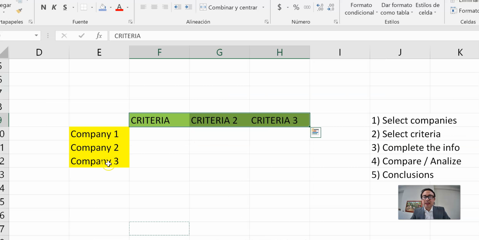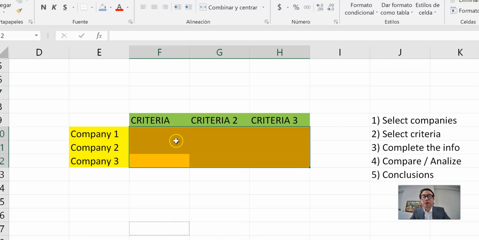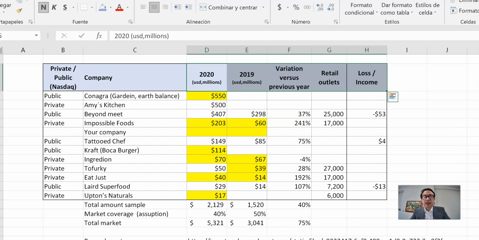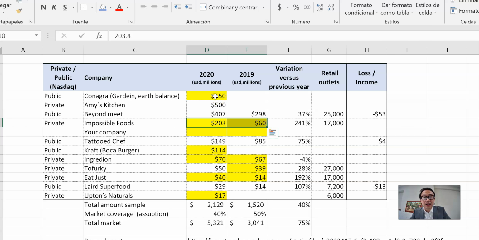After selecting the companies and the criteria, the next step is to fill in and complete the data. This is very important because not always will you find all the information that you want to compare. And in this step, you will have to make your assumption or your estimation about the information that you need to complete your benchmarking.